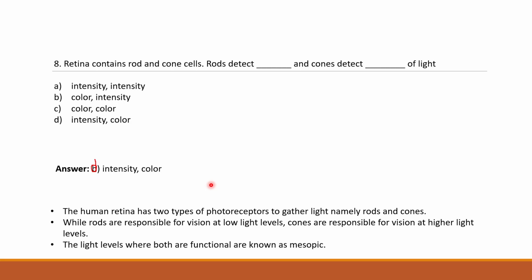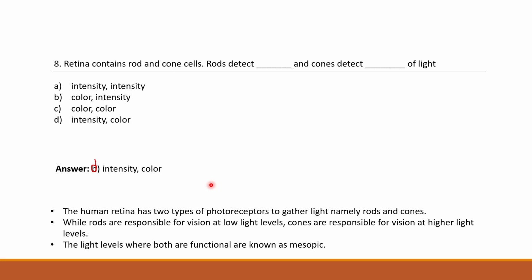So your rods, which detect intensity, are responsible for your low light vision, and your cones are responsible when you have high light or more light. That is why, when you have more light, in daytime during bright light, you can see a lot of colors and differentiate between colors.